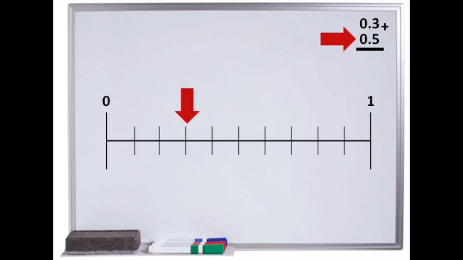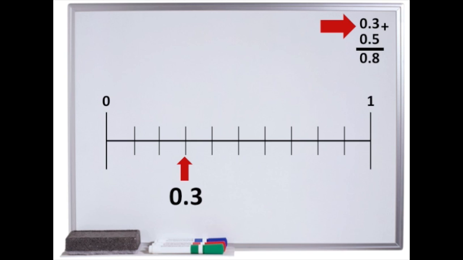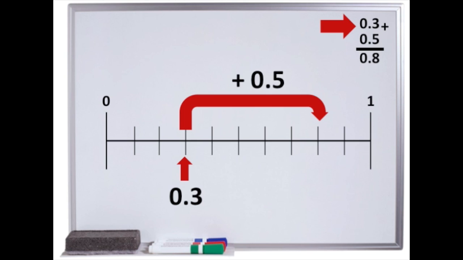So we're starting at 0.3, we're adding 1 more tenth, 2 more tenths, 3 more tenths, 4 more tenths, and 5 more tenths. And here we can see that our arrow is pointing to 0.8, which is the answer we were looking for. So we started at 0.3 and we made our number bigger by 0.5 to end up at 0.8.